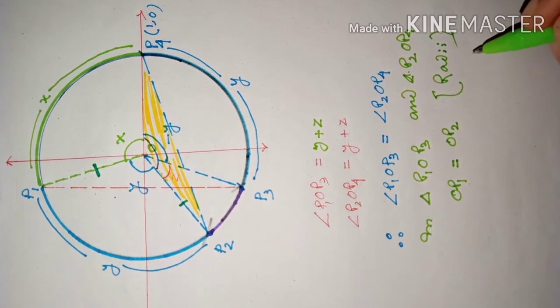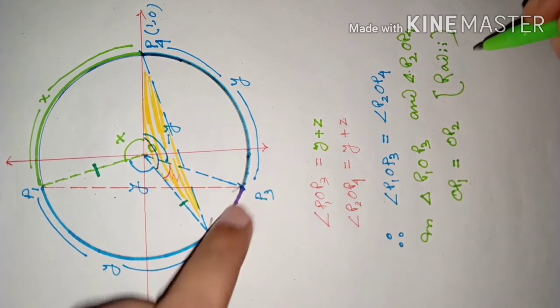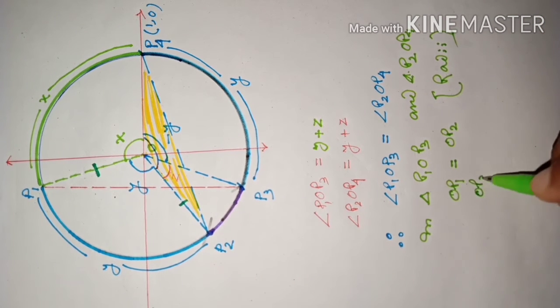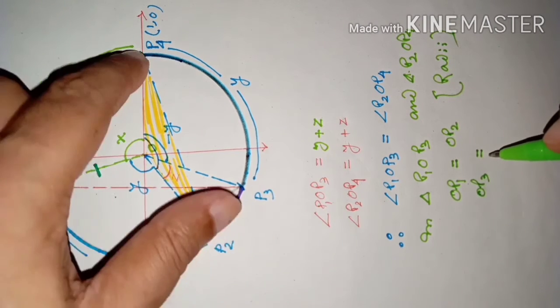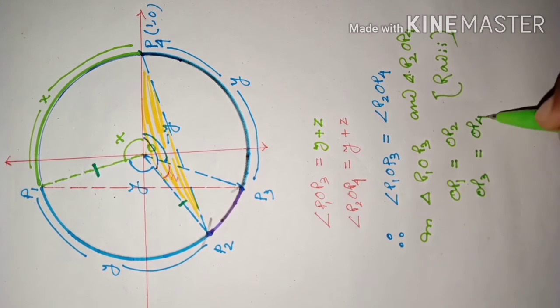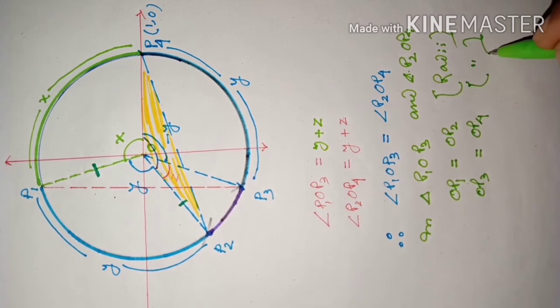Radii of the same circle are all equal. Another is OP3 equal to OP4, same reason, radii.